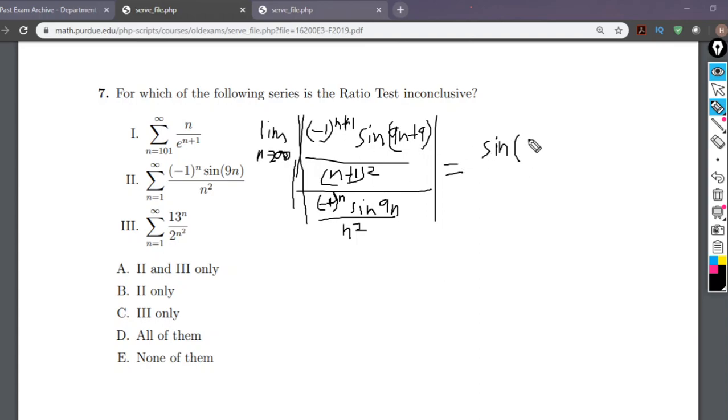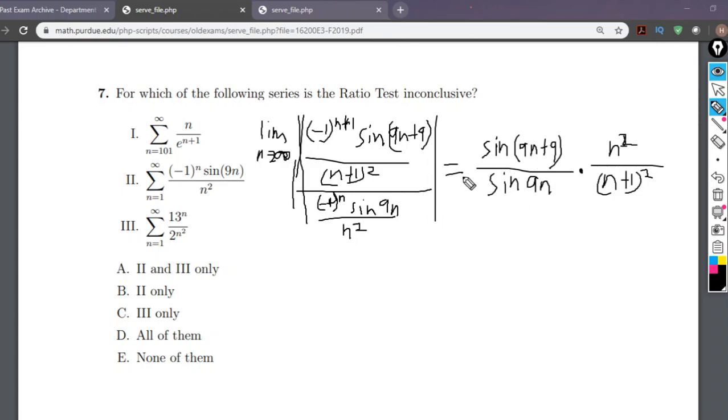And then I try to rearrange the similar terms together. So it'd be sine of 9n plus 9 over sine of 9n here, times, and this should stay on the bottom, times n squared over n plus 1 squared.